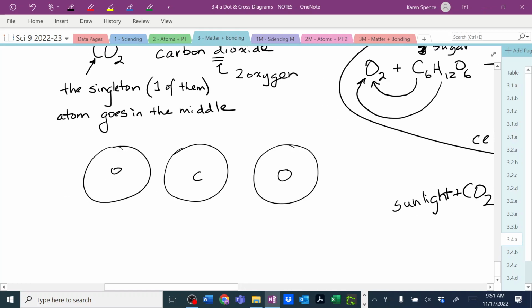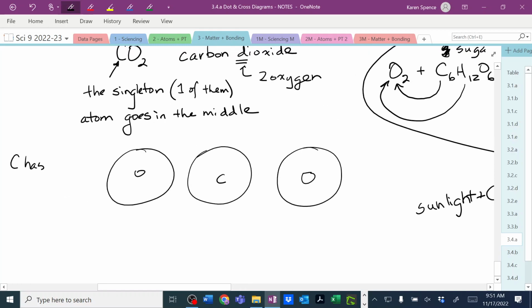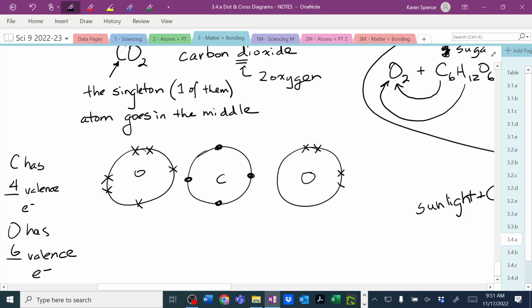How many valence electrons in carbon? It's in group 14, therefore it has 4. Oxygen has 6 valence electrons, as it's in group 16. So carbon, 1, 2, 3, 4. Oxygen, 1, 2, 3, 4, 5, 6.